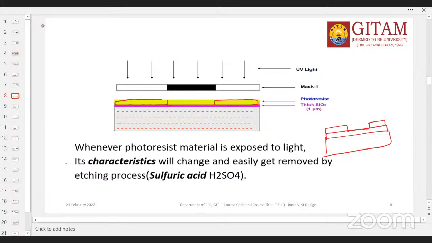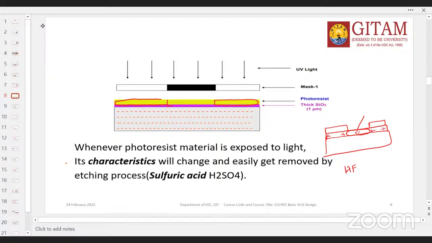Now this portion of the silicon dioxide I need to remove. It is not possible by using the etching process. It is done by using a hydrofluoric acid solution. That means we have to dip this material into the hydrofluoric solution, and automatically this portion will get removed. But what about this silicon dioxide?